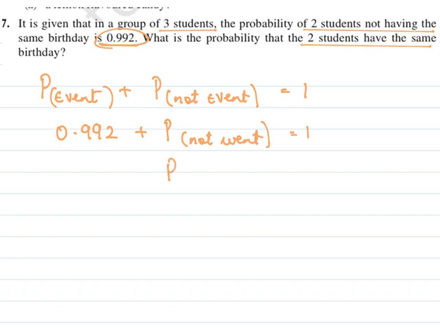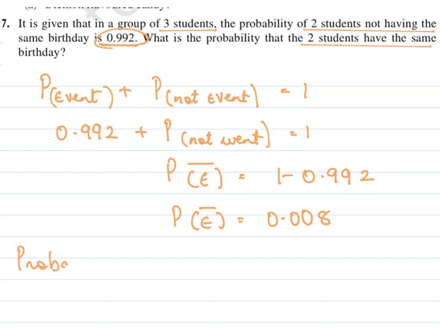So the probability of not having the event, we at times write it in this manner, equals 1 minus 0.992. If we subtract this, the probability of not having the event, which is that 2 students have the same birthday, will be 1 minus 0.992, which is 0.008.